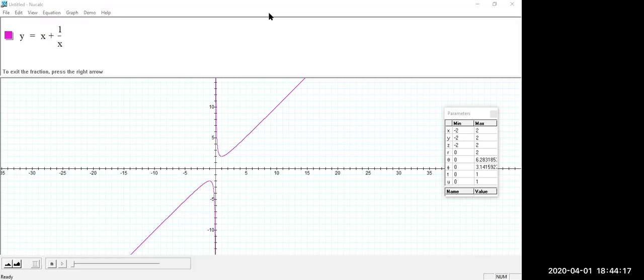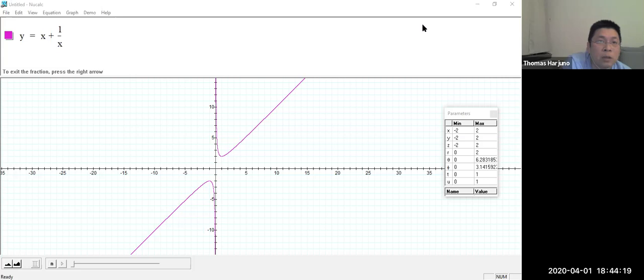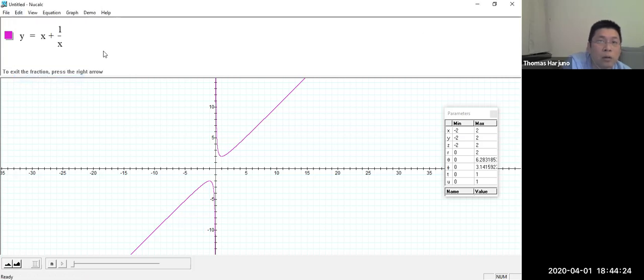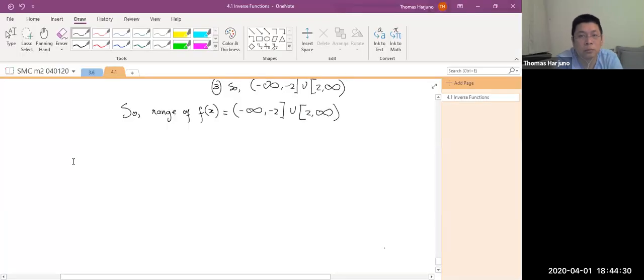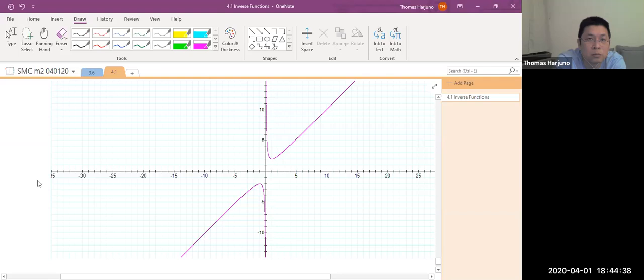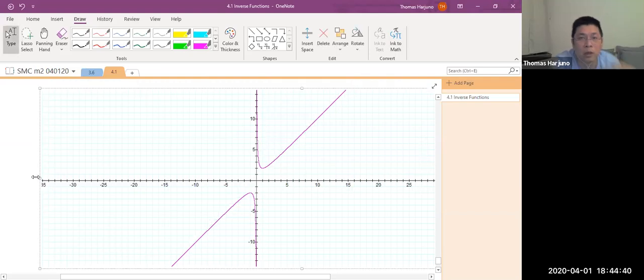Okay. Now let me copy these to our notes. Now the thing is, how do we see the range here?